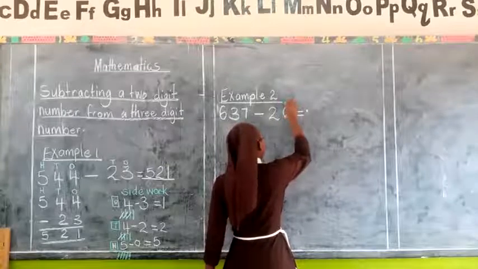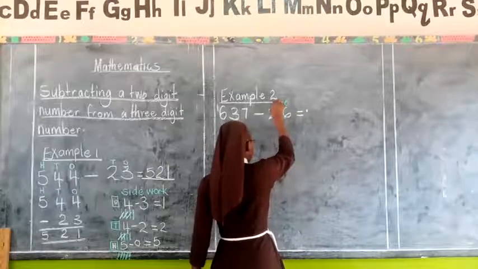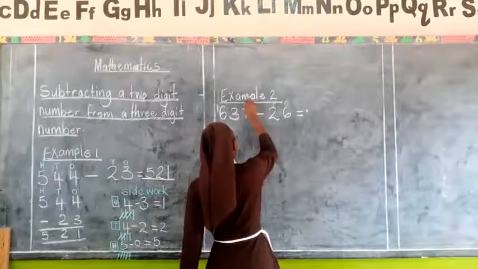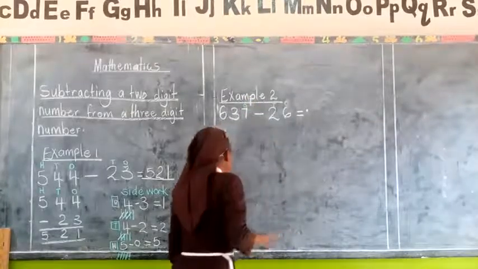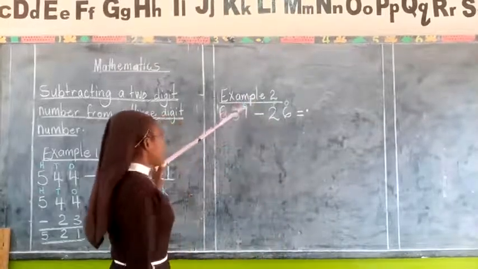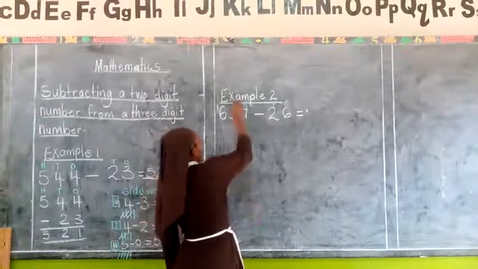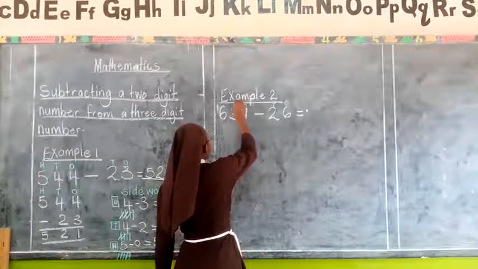We write capital O here, and capital T to represent the tens. Someone might ask why I started with capital O here. We say the first place value is usually the ones. And here we write T to represent the tens.